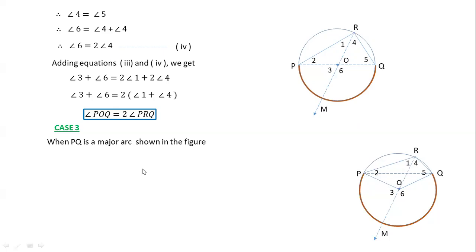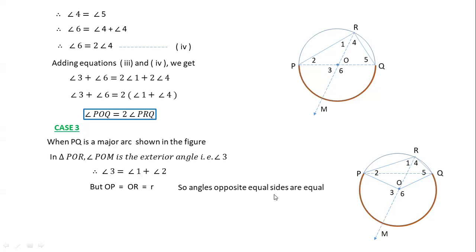Now, if you take this triangle, again 3 is an exterior angle to this triangle, that is POR. So we are writing the same thing again. In POR, angle POM is the exterior angle, that is angle 3. So angle 3 is equal to angle 1 plus angle 2. But OP is equal to OR is equal to the radius.